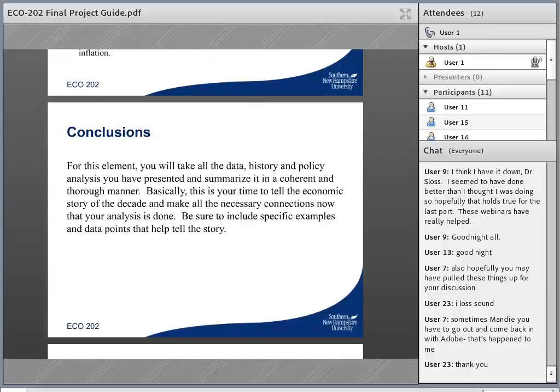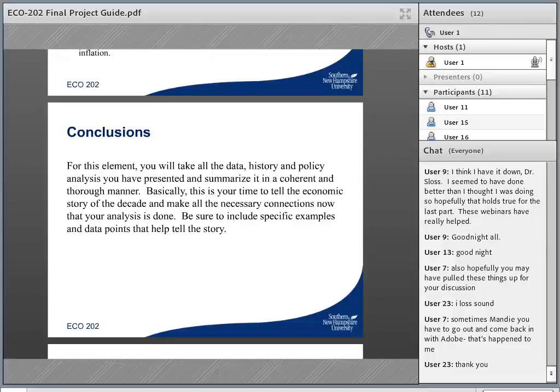If there's any one thing that students forget to do, I would say it's that. So they might talk about the specific policies that were put in place in terms of fiscal policy and monetary policy, and they might talk about big events that happened, but they forget to bring in specific data points. So really, I think that's something you can very easily include because you have it, so don't forget to do it when it's just sitting there waiting for you to include. Otherwise you lose points and maybe don't get to that exemplary or proficient level because you forgot to do that.